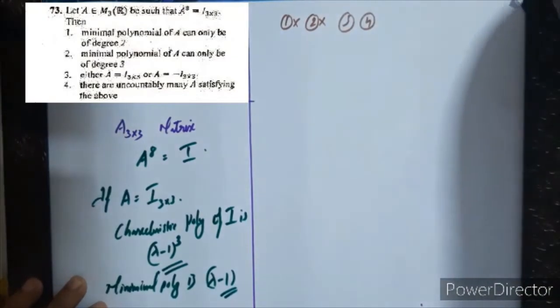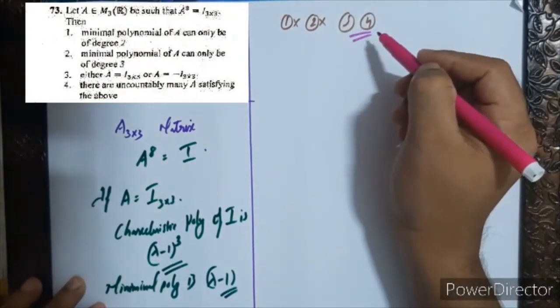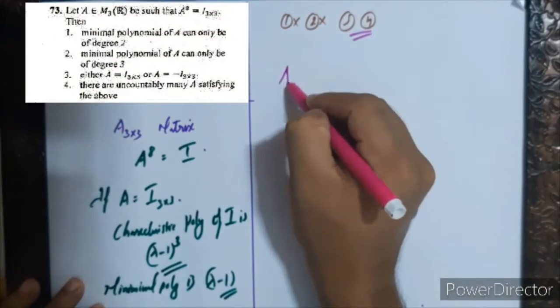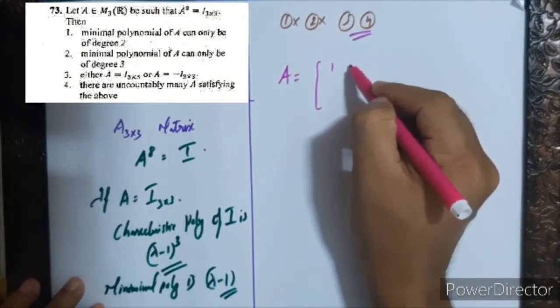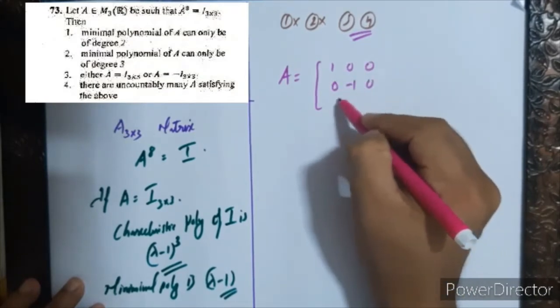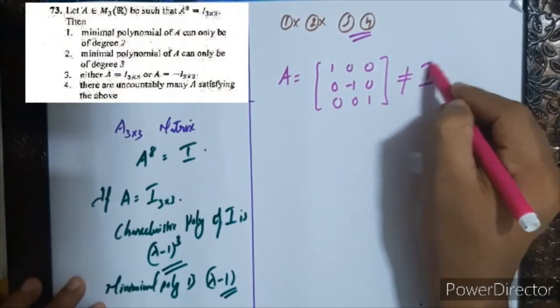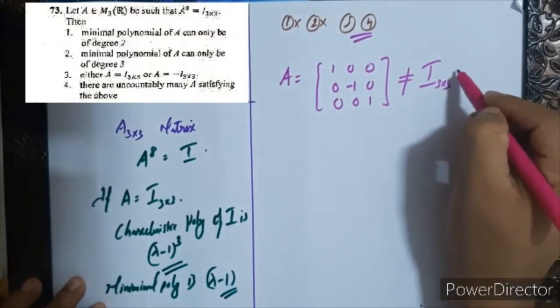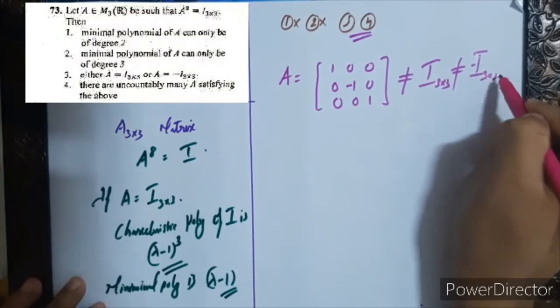Okay, so now the third option is: either A equals the identity or minus the identity. Now if I take A equal to the diagonal matrix with entries 1, minus 1, 1, this is not equal to the identity matrix, and also not equal to minus the identity matrix.